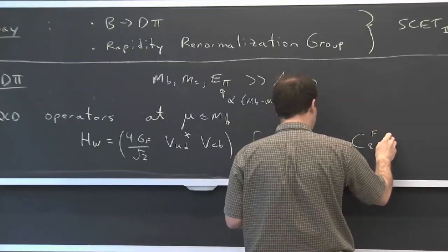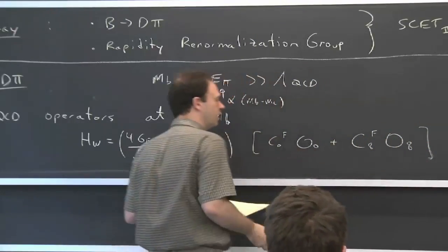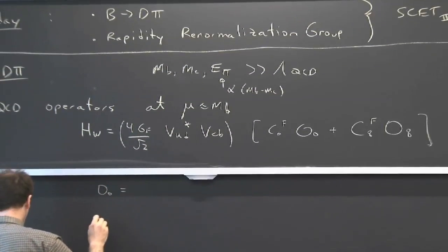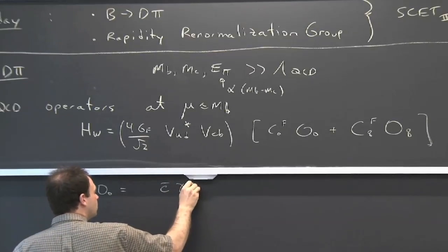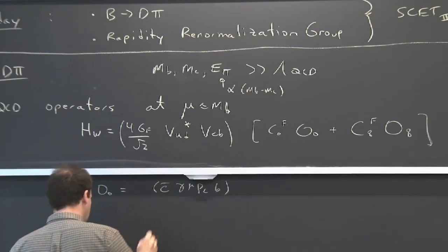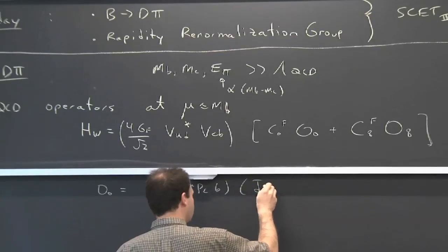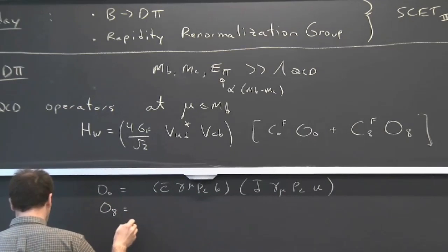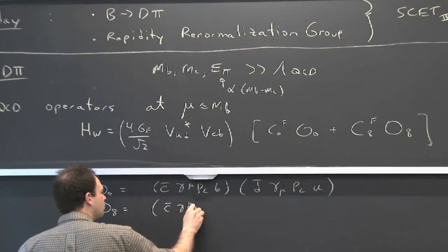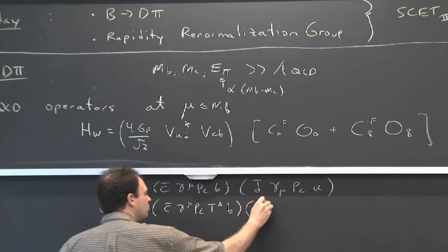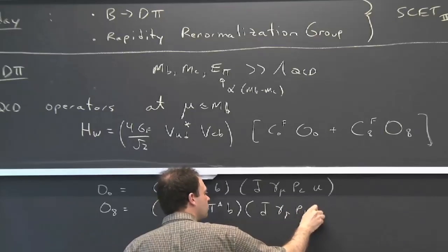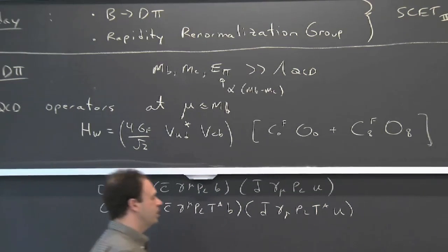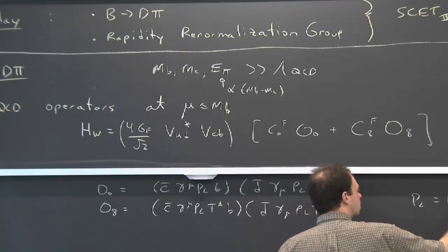And I'll write the operators in the following way, a slightly different basis than we used previously, or a long time ago when we were talking about this particular case. So just a different color basis, singlet and octet. OK, so that's our description where P_L is projecting us onto the left-handed components.